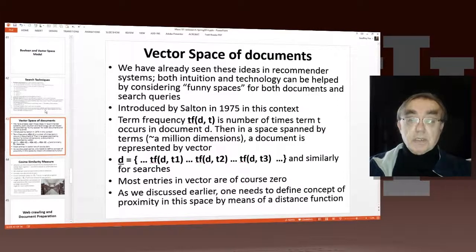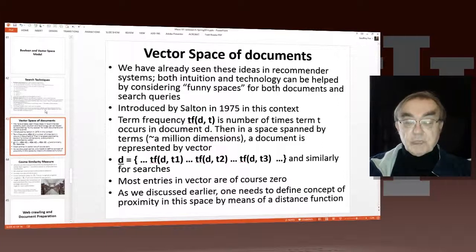D is the documents. Then TF of D and T says that document D has the term T, TF times in its document. So then the document D becomes a vector, and that vector has components which are TF of T for term T, and here I've just listed 3 terms.